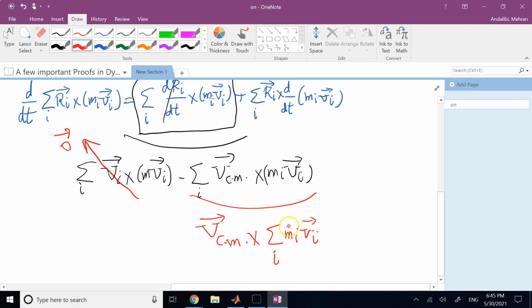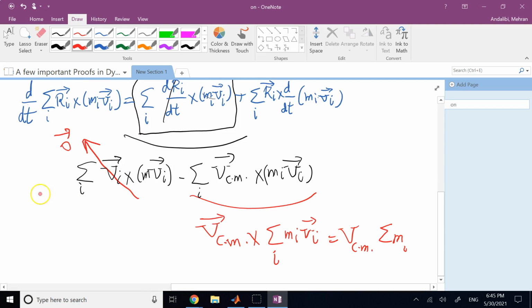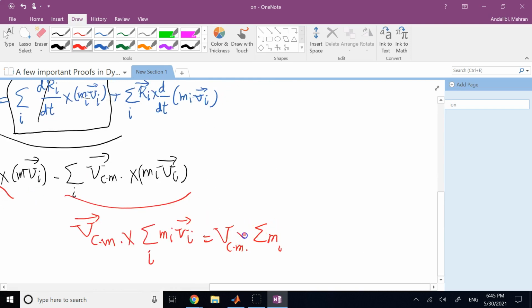And what is this term? Summation of mivi. What's that? Well, based on the definition of the centroid, this second term here is equal to the summation of the masses times the velocity of the centroid. Let me write it properly.